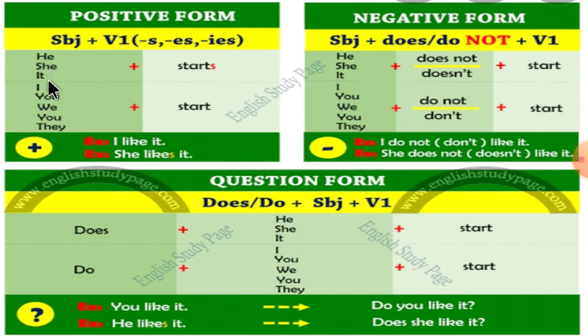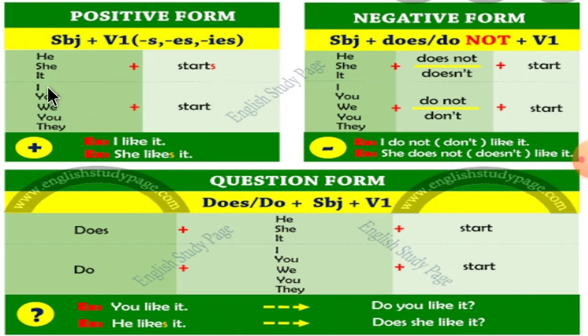He, she, it plus verb with s. Here you can see I have written s in red color. He starts, she starts, it starts.